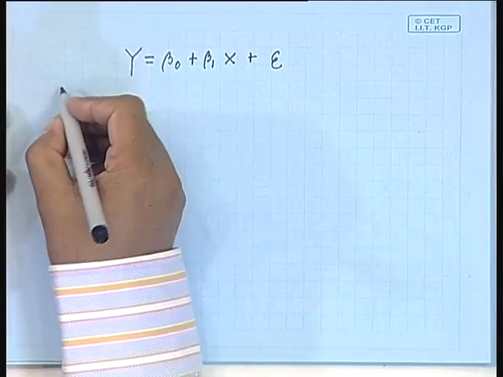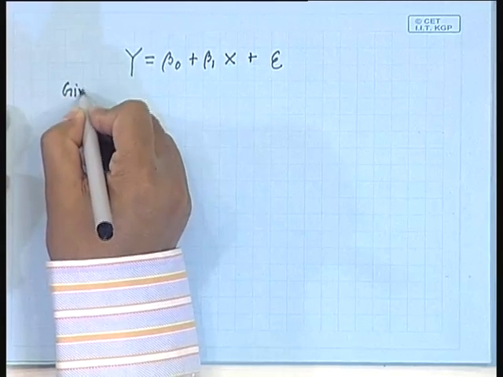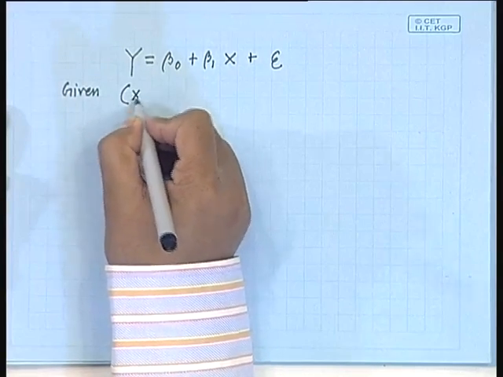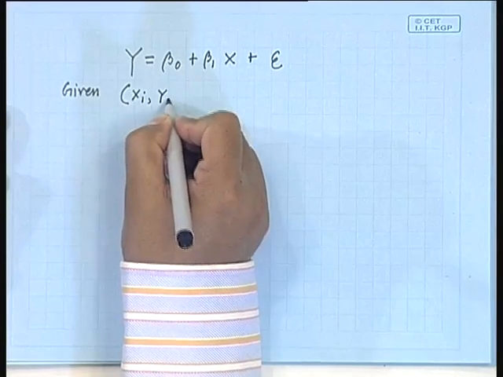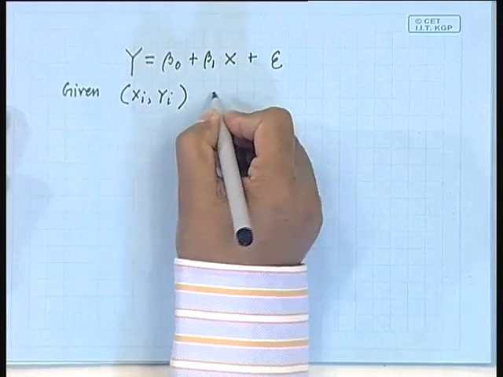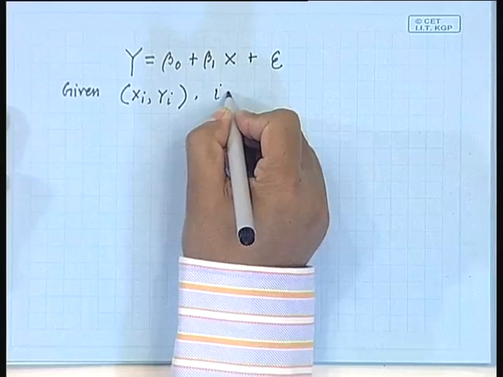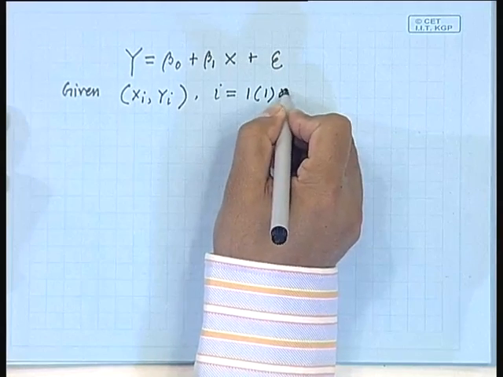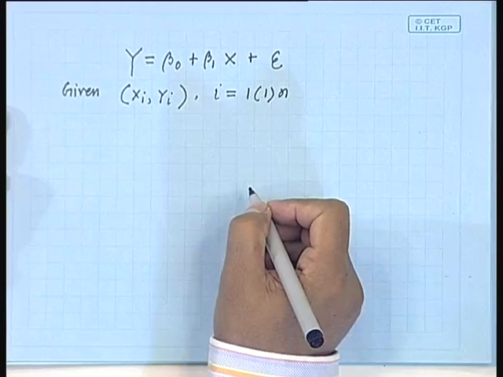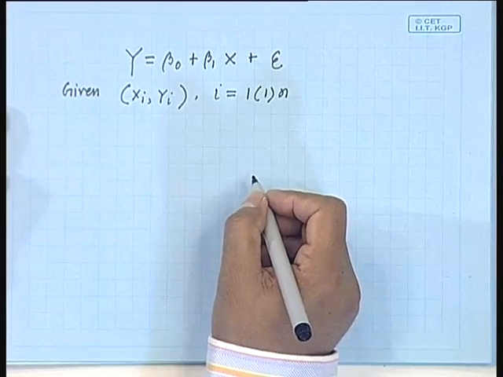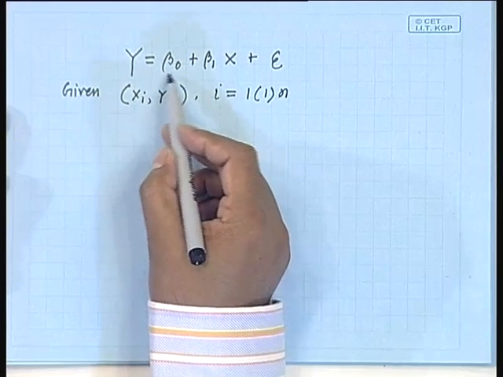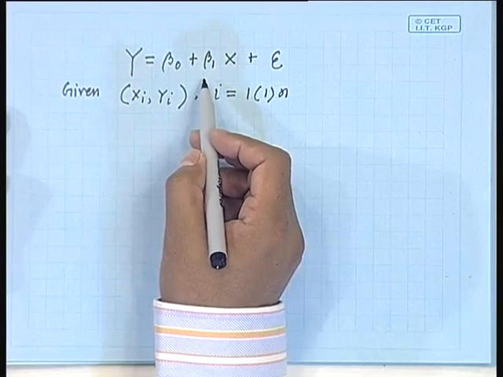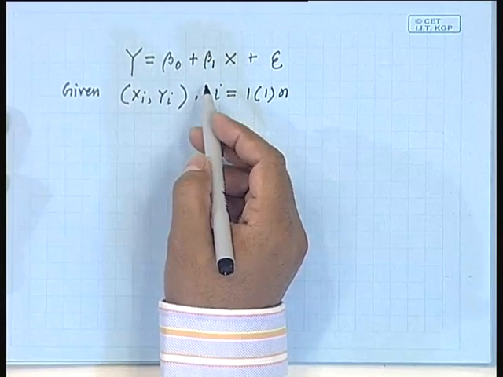Now, given a set of observations xi, yi, for i equal to 1 to n, we learned how to estimate the regression coefficients beta naught and beta 1 using the least square technique.